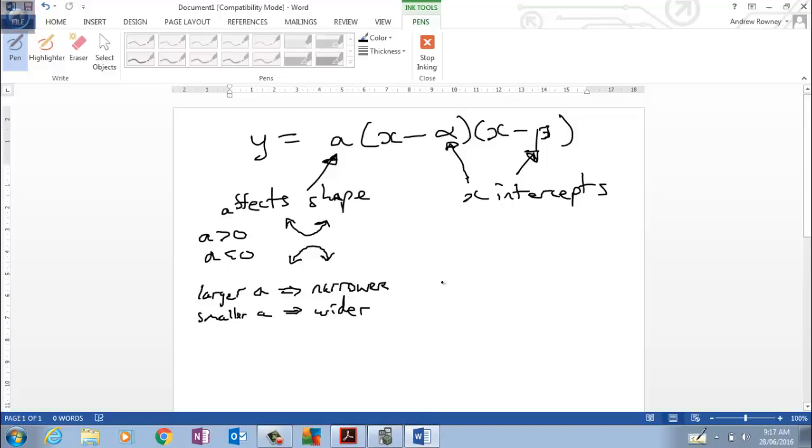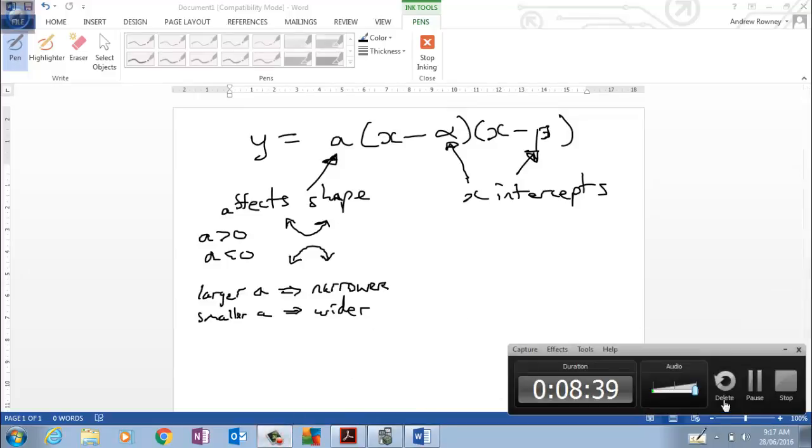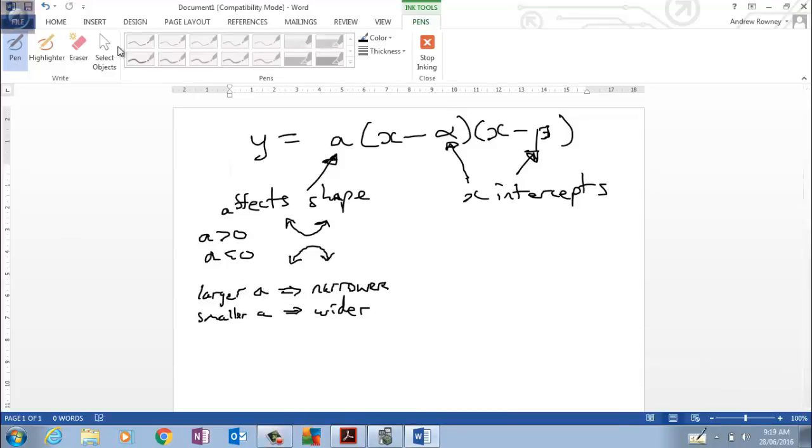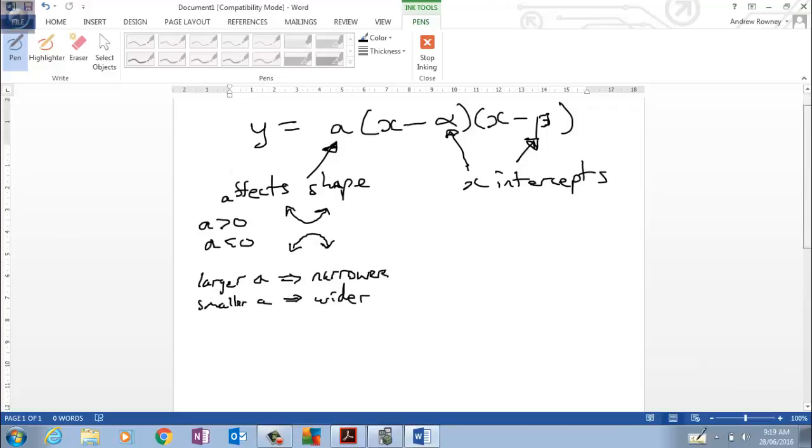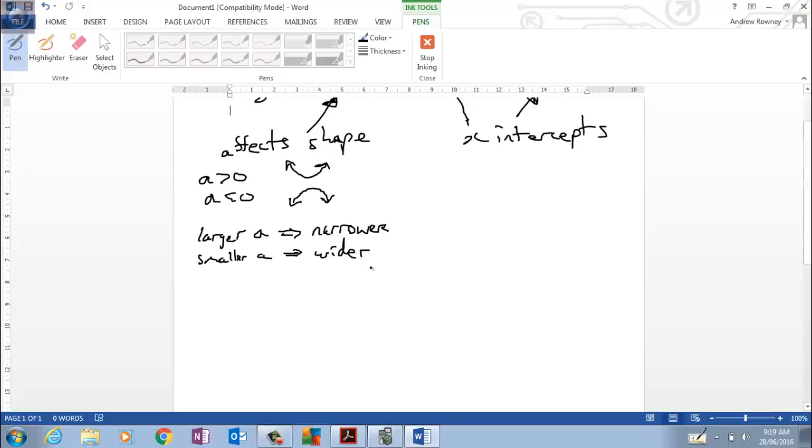Okay, now we could actually explain why the A values give this narrower and wider graph with an example that we just did on the calculator.